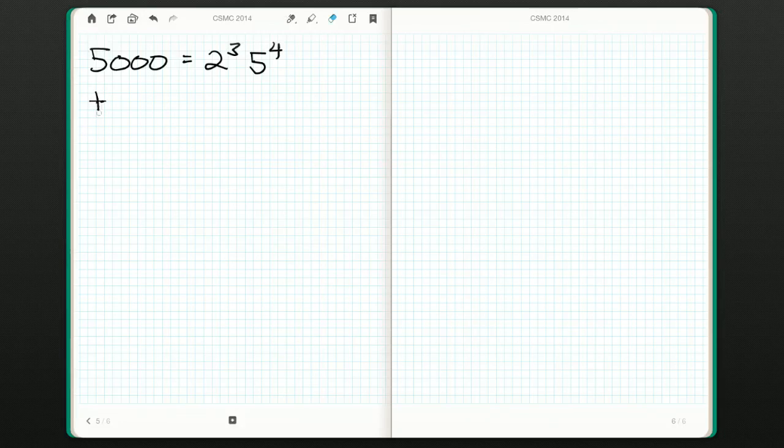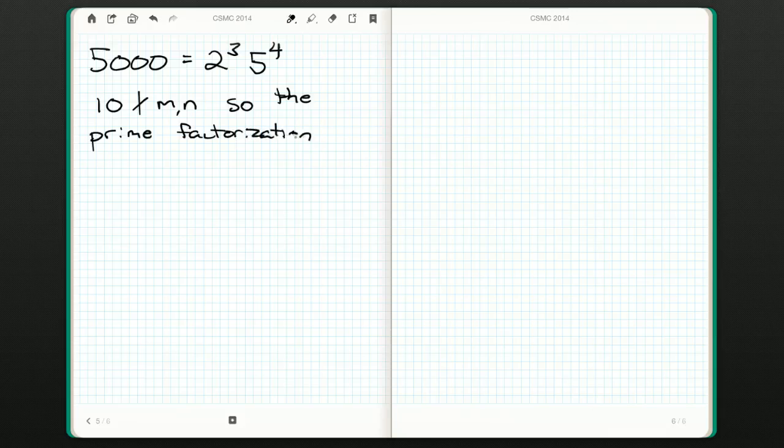Now, we're told m and n can't be divisible by 10. So we'll pick one of them, we'll say m.